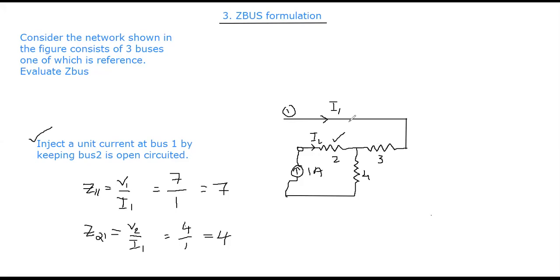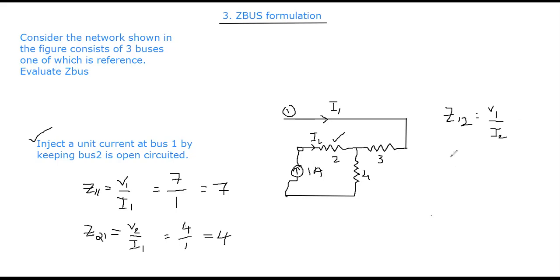Now what about the two parameters that we are going to have? Z12 is equal to V1 by I2. Now what is V1 here? That is open circuited. Here I1 is equal to 0 and I2 is equal to 1. Similarly, you can obtain the remaining parameters.